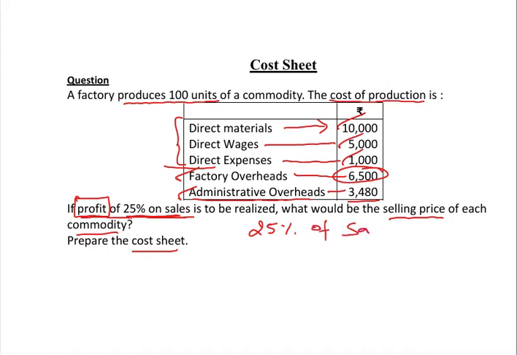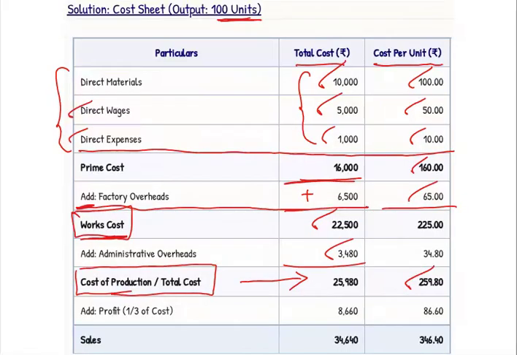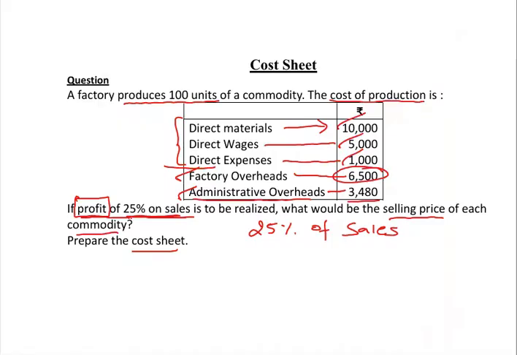Cost is how much? 25,980. We cannot apply this percentage directly on the cost because the percentage of profit is given on sales.